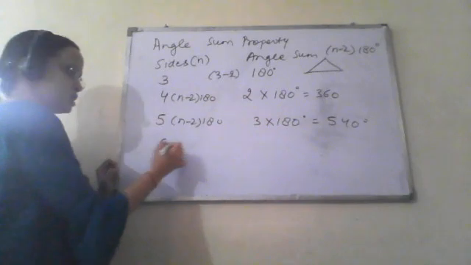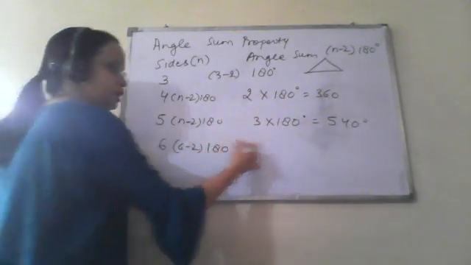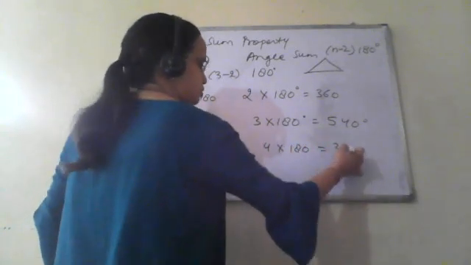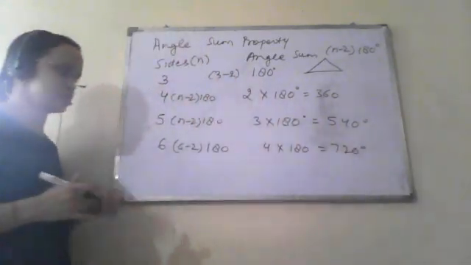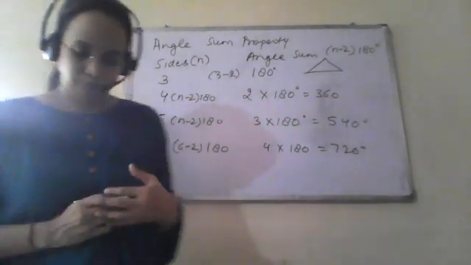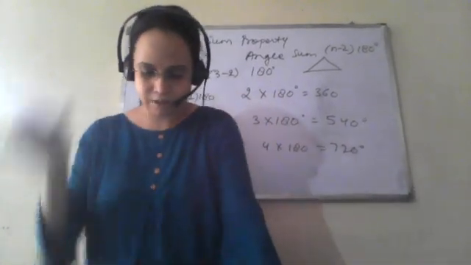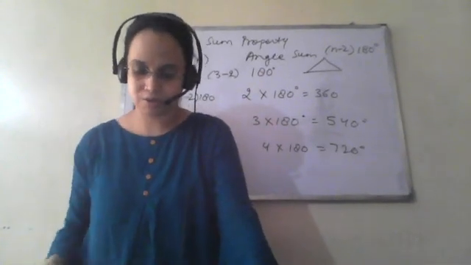If n is 6, this will be 6 minus 2 into 180 degrees, so 4 into 180 degrees, that is 720 degrees. So these are the angle sum properties of polygons. Okay, we will start with exercise 3.1 in our next video. Thank you.